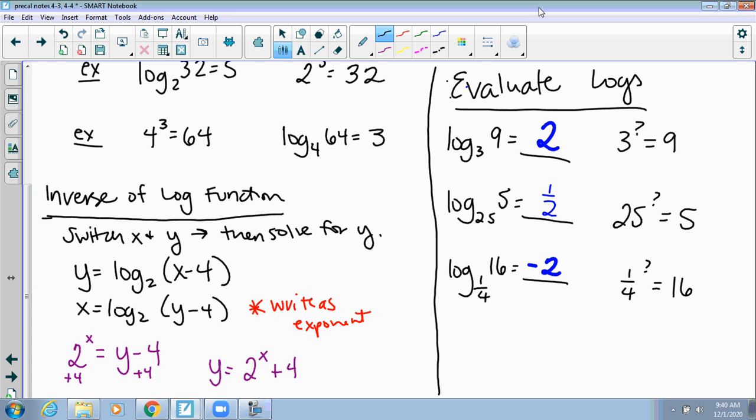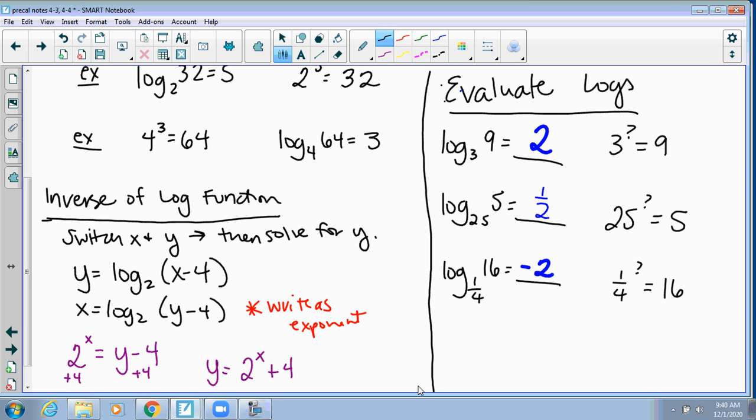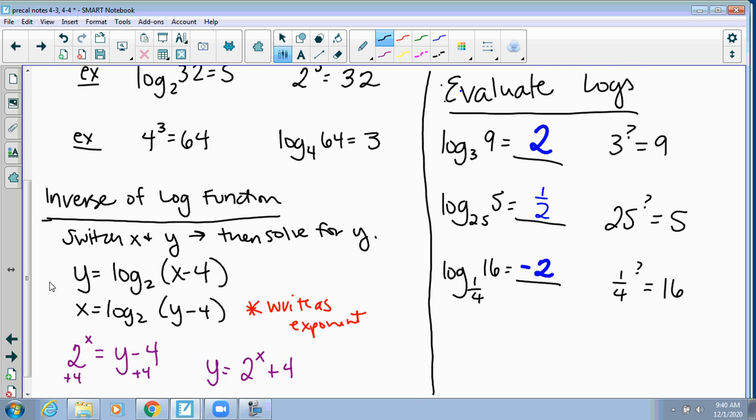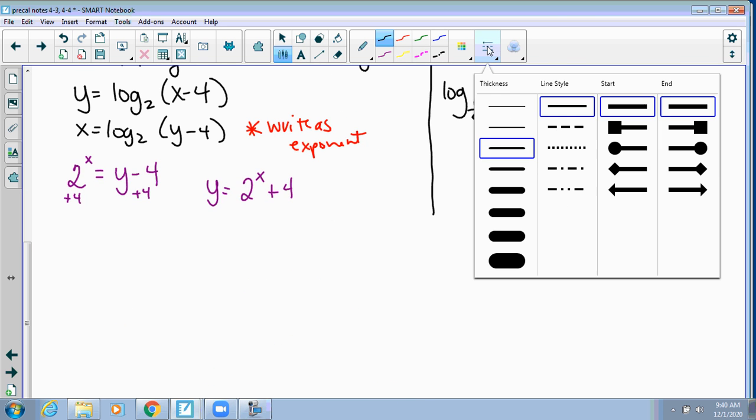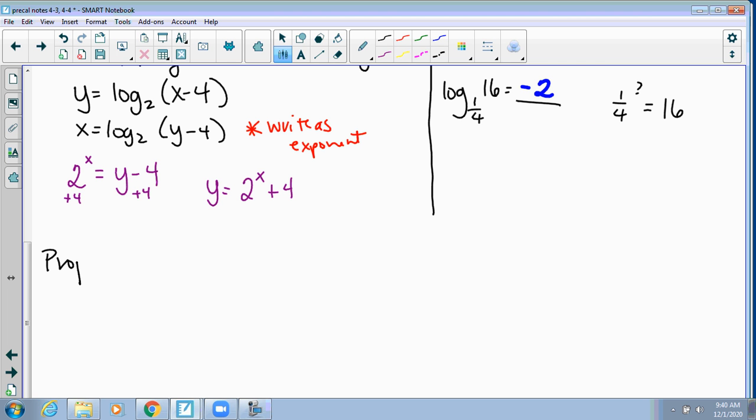Okay, so the next thing that we're going to do is look at some common properties that get used all the time, so we need to be familiar with those. They're just some properties of logs. We have some identity properties, some properties with powers that we just need to make sure that we know.